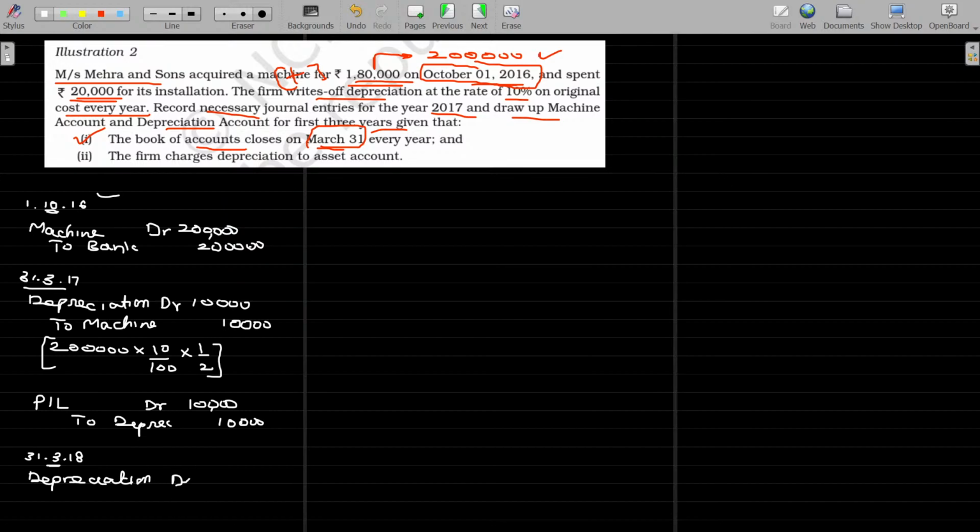Depreciation account debit to machine account for 2 lakhs, 10% being 20,000. On the date, immediately this value will be transferable to the P&L account. So profit and loss account debit to depreciation, the value being 20,000.